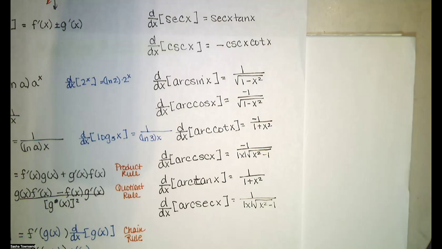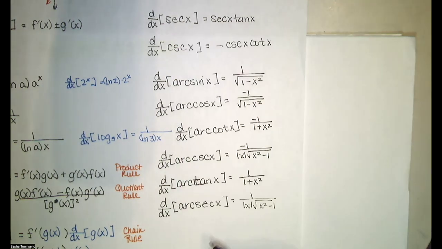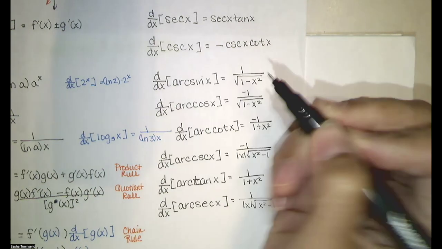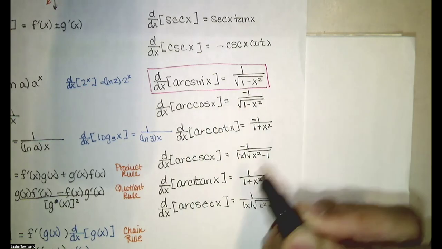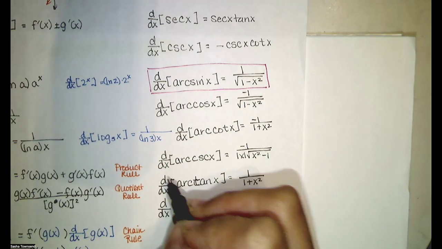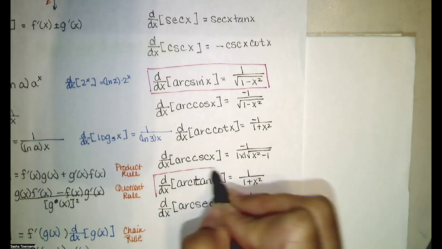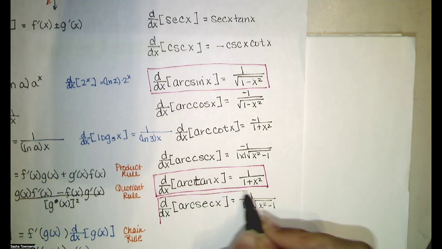Now it's a little bit difficult to see because of the way I've written this particular order, but the ones I want you to focus on are the derivative of arc sine, the derivative of arc tangent, and then the derivative of arc secant.